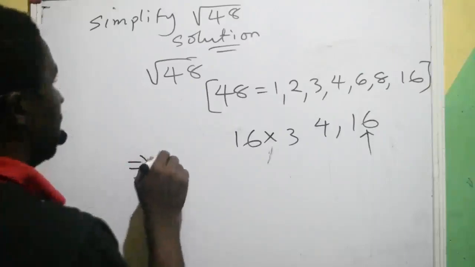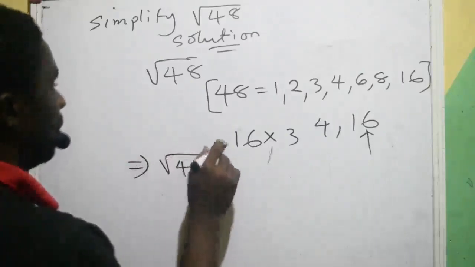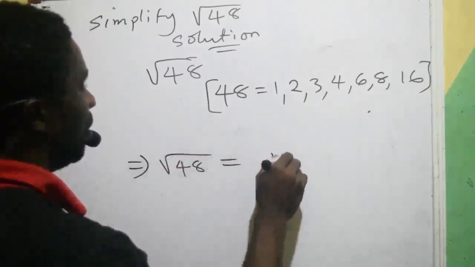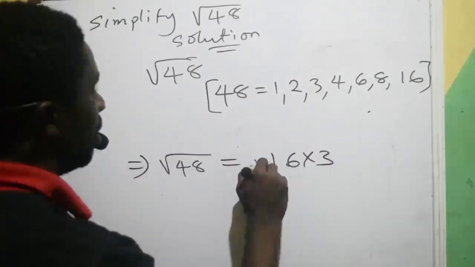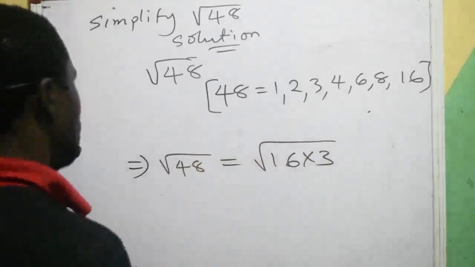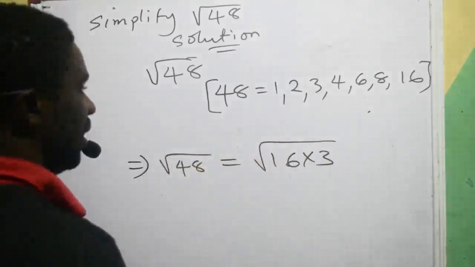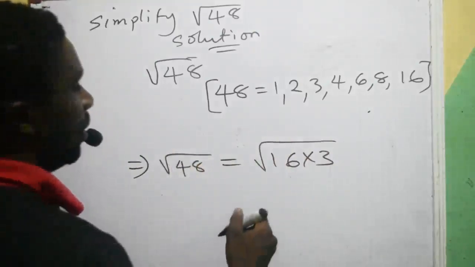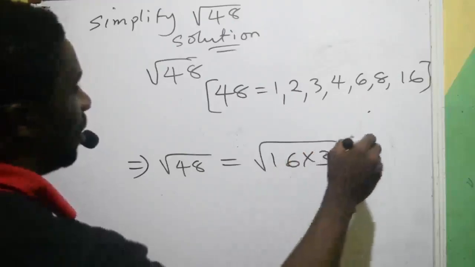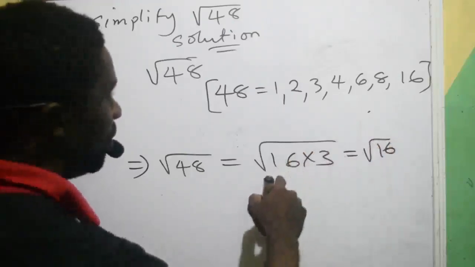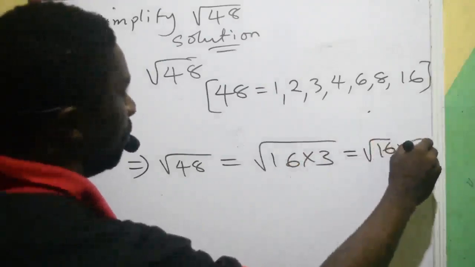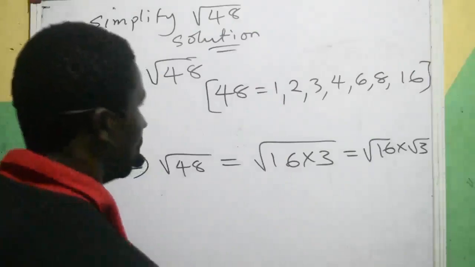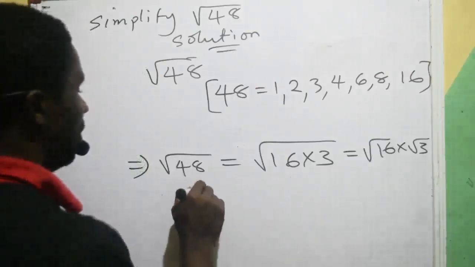So it implies that square root of 48 will be the same thing as writing 16 multiplied by 3, everything in square roots. Remember the example I gave earlier. Here, this is the same thing as writing root of 16, we have to separate it, times root of 3, under the operation of multiplication.